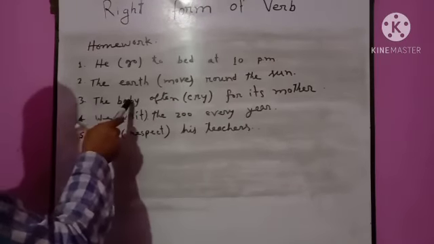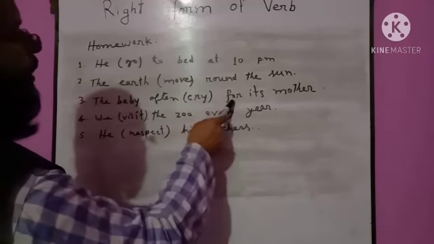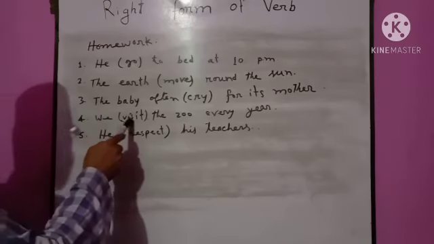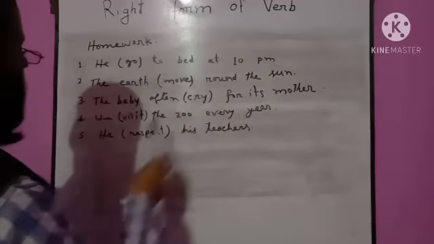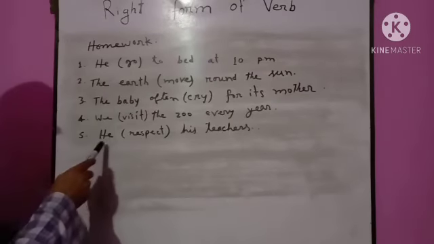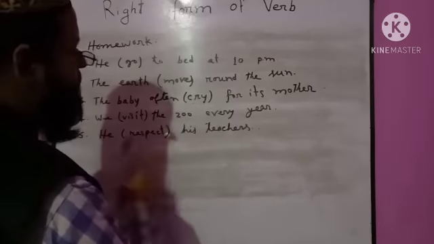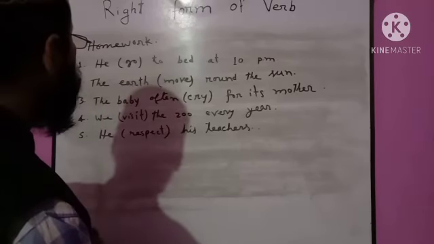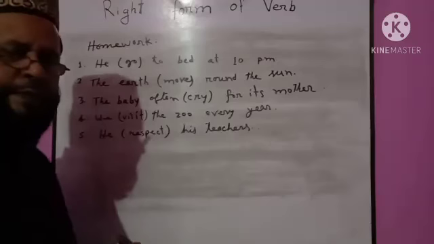Number 3, the baby often, in bracket, cry for its mother. Number 4, we visit the zoo every year. Number 5, he respects his teachers. You should use the right form of the verbs in brackets.